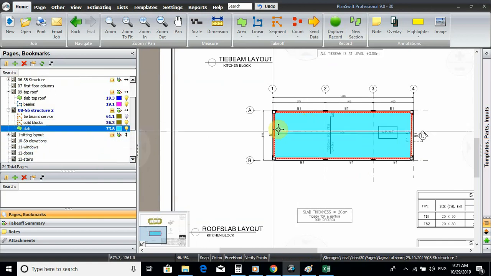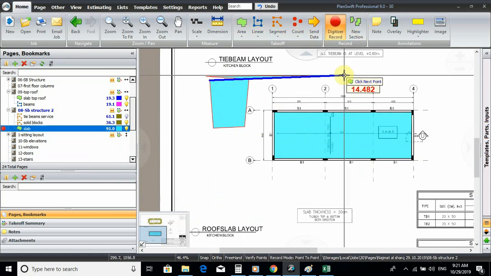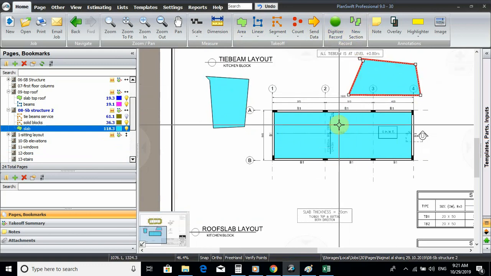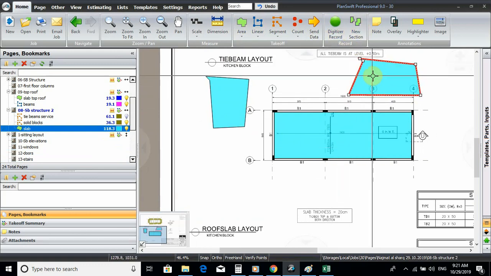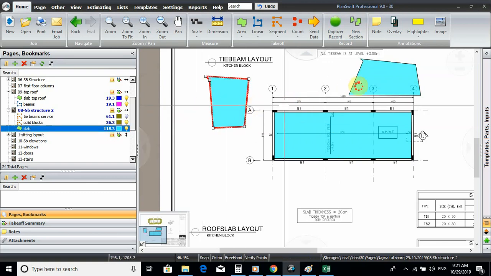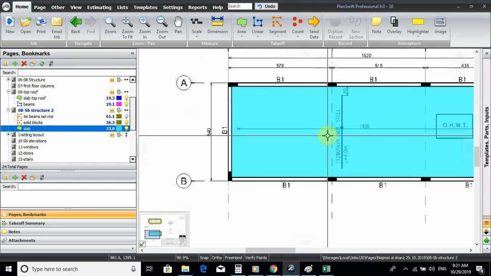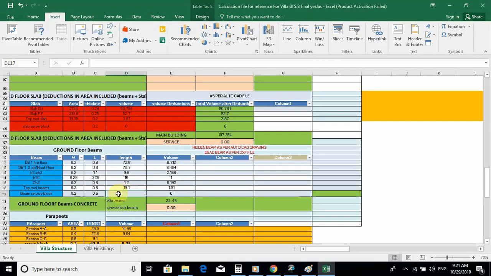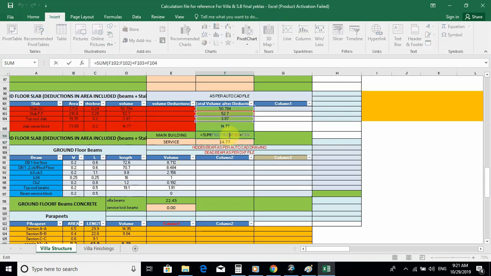If, for example, there is another area here and another area here, and you stand here, it will give you only here, and you neglected these. No, not good. But here is the total, you understand me? 73.85, that's for the service block.